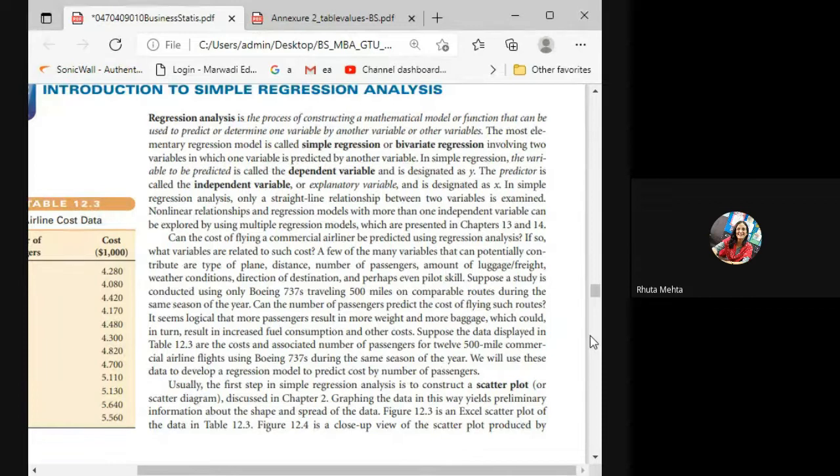An independent variable, which is the predictor, is x. It is also known as the explanatory variable. Everything is given in the first paragraph. You can read that also.